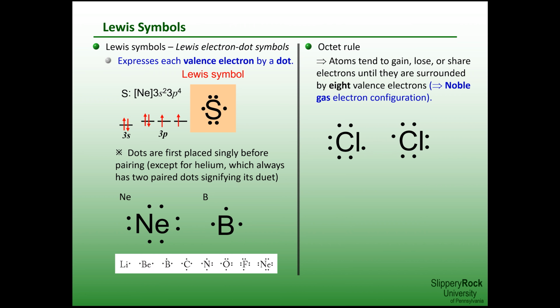A chlorine atom has 7 valence electrons, which is 1 electron short of an octet. This explains its strong tendency to gain 1 electron by forming a single bonding pair, also called a single bond. As you can see, each chlorine atom in the chlorine molecule, Cl2, now has 8 valence electrons, satisfying the octet rule.